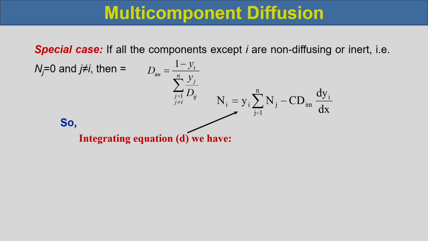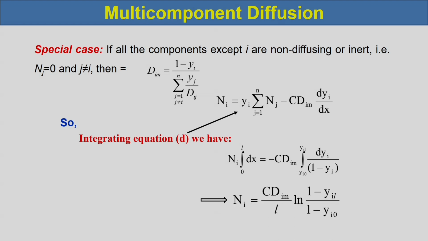So, integrating equation D, which is Ni equal to yi times the summation over j equal to 1 to n of Nj, minus C D_i,mix dyi/dx, we have Ni integral 0 to L dx equal to minus C D_i,mix integral yi0 to yiL of dyi divided by (1 minus yi).